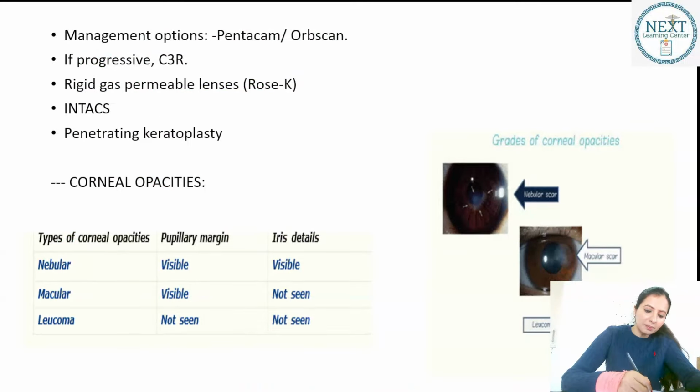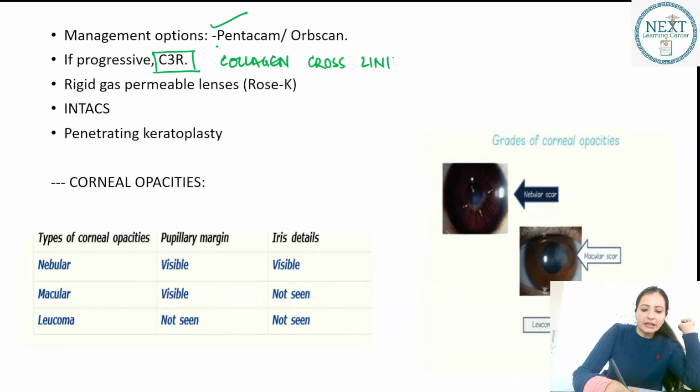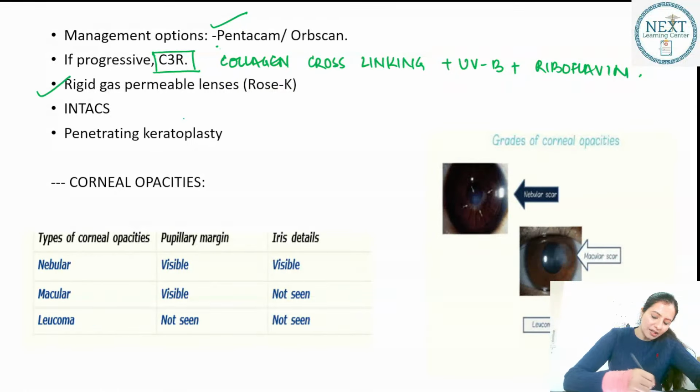Then management, I told you, firstly you investigate it via pentacam. I have shown you what pentacam is. If it is progressive, go for C3R. What is C3R? It is collagen cross-linking, done along with UVB rays and riboflavin. Or you can use rigid gas permeable lenses, which you call Rose K lenses, or you can go for Intacs.